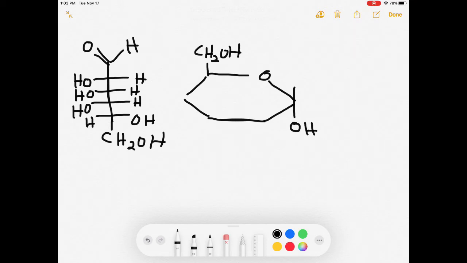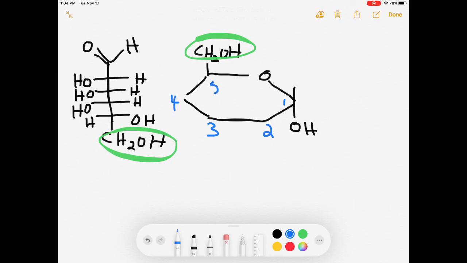So that's what this one is. So just label these carbons real quick. We have carbon 1, 2, 3, 4, 5, and 6. Same thing over here. 1, 2, 3, 4, 5, and 6. So you can see how everything kind of lines up.